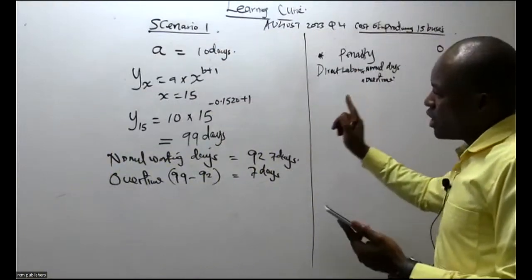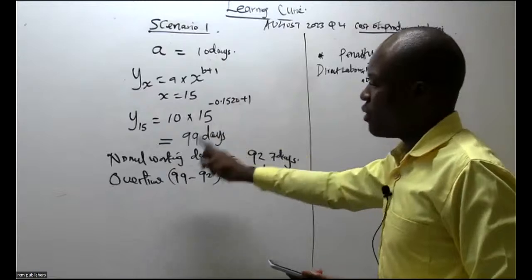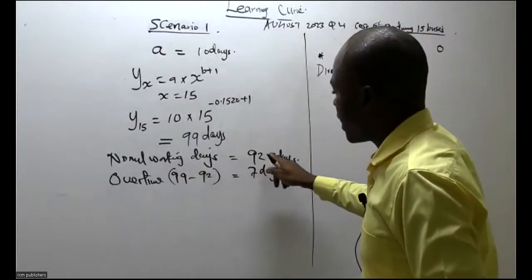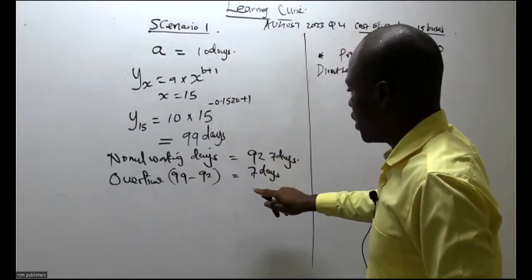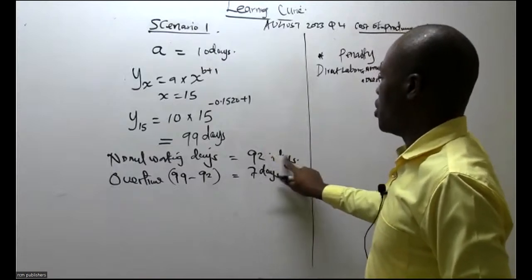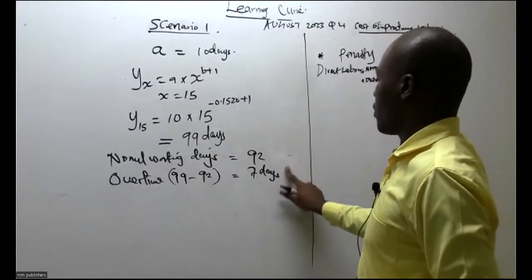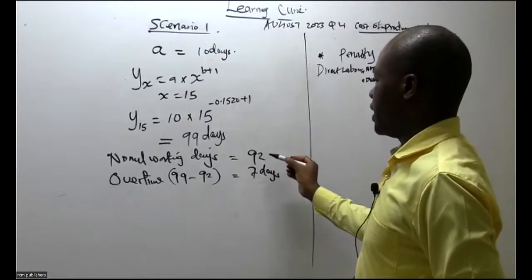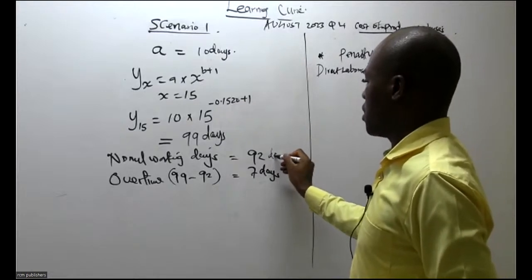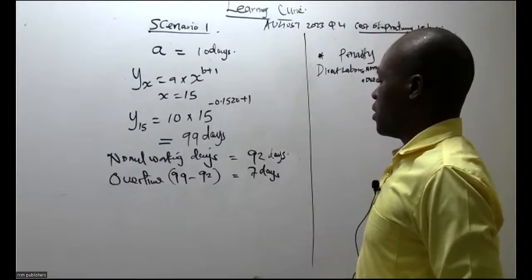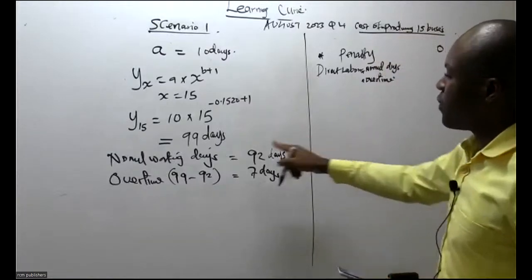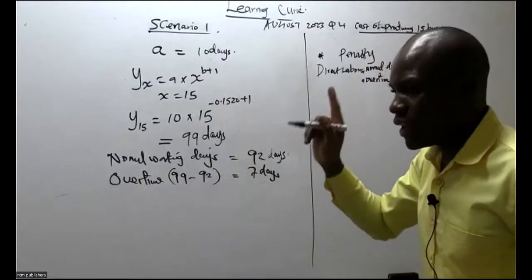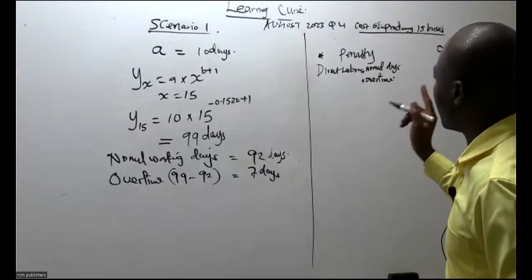Direct labor: we are being told the normal working days is 92 days. So they have worked for 99. It means the first 92 days, they're going to be paid at the normal rate.